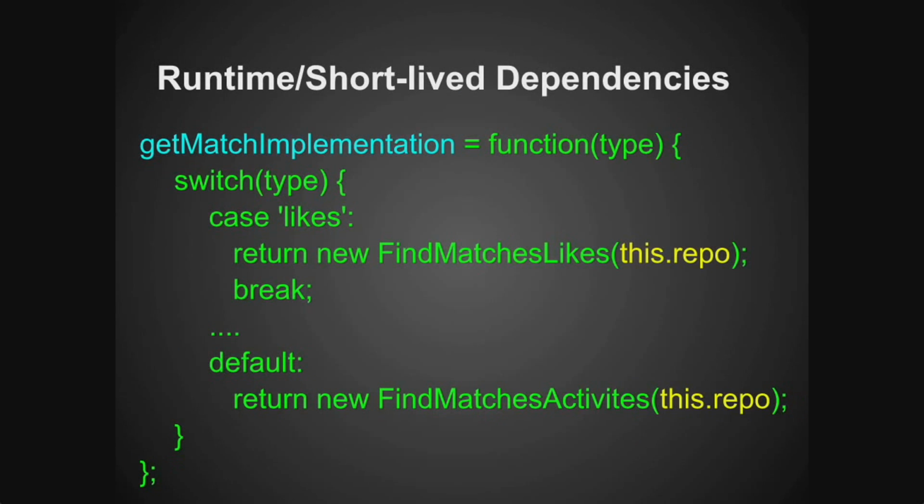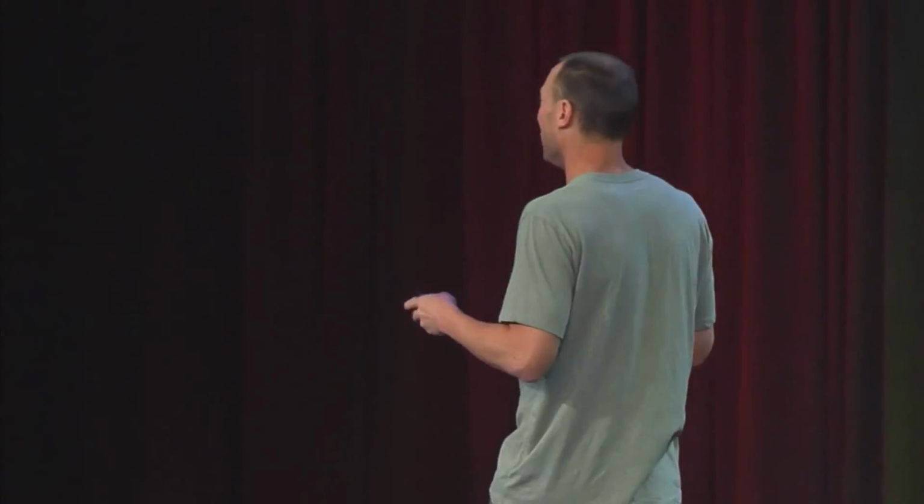And then here is the actual implementation of getMatch. You can see there's something slightly strange here, which should make you recoil: there's a new in here. Whenever you see new in code, you should get a little bit scared. But it turns out for factories, it's OK. It's OK to call new here. This is the whole point of this object.